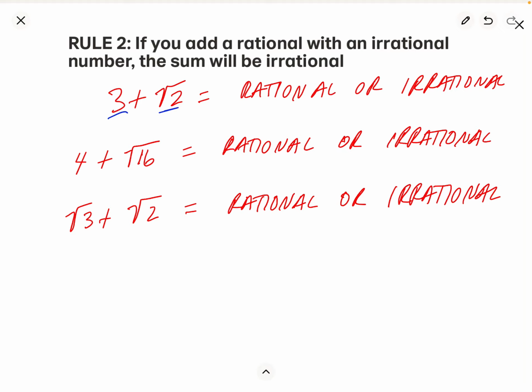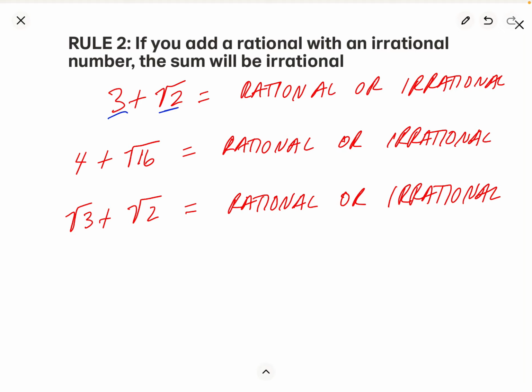Now, the easy way to check this is go to Desmos, key in 3 plus the square root of 2. If you see something that has a bunch of decimals that don't have any repeating pattern, then you know that's going to be an irrational number. But whenever you add a rational with an irrational, you're going to get an irrational number.